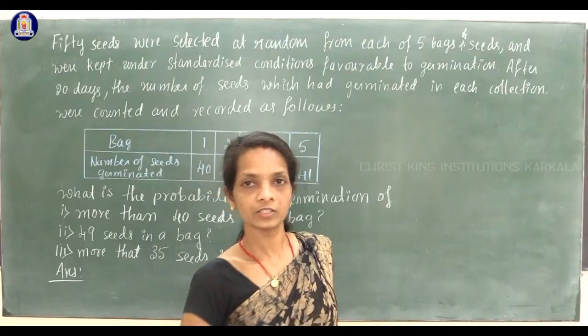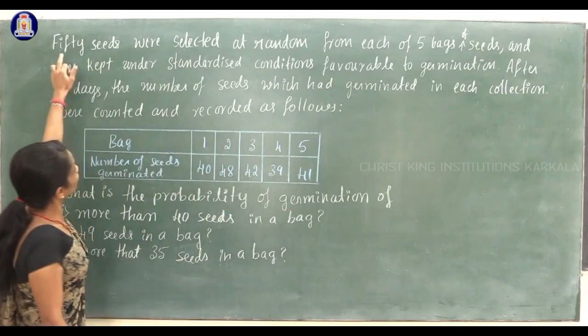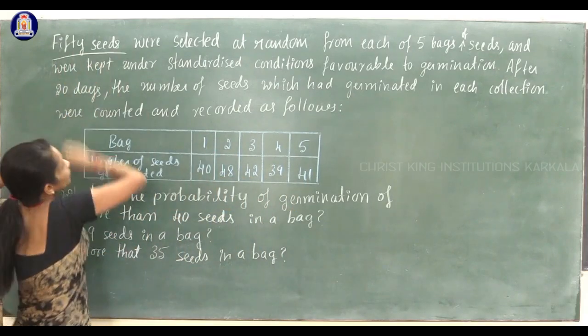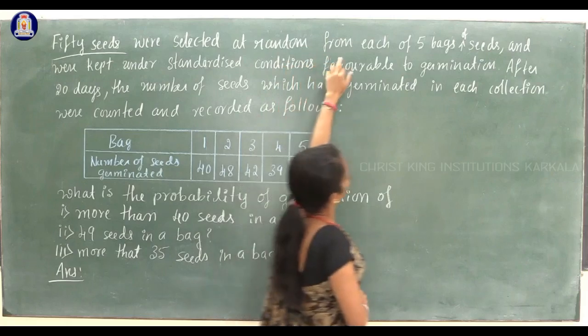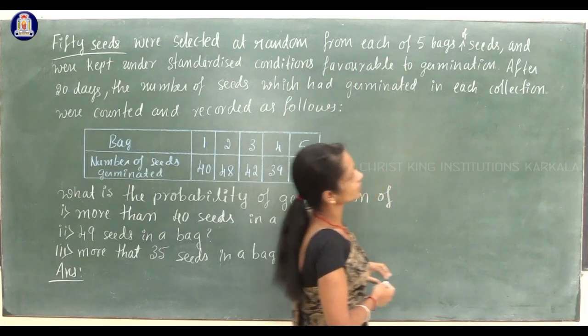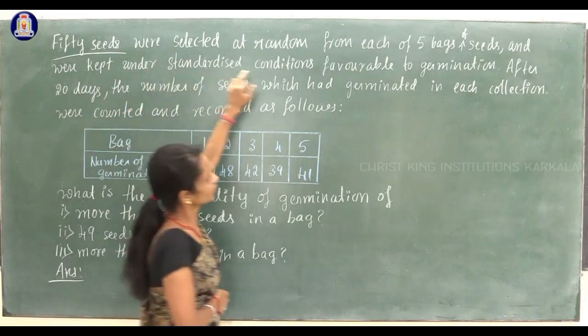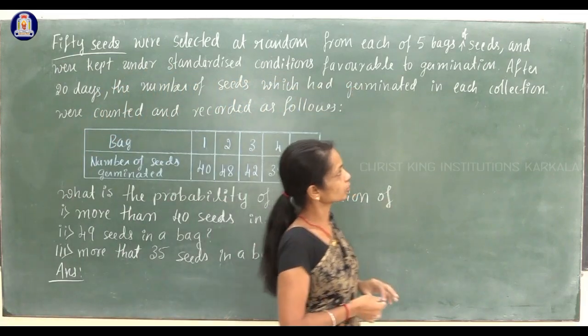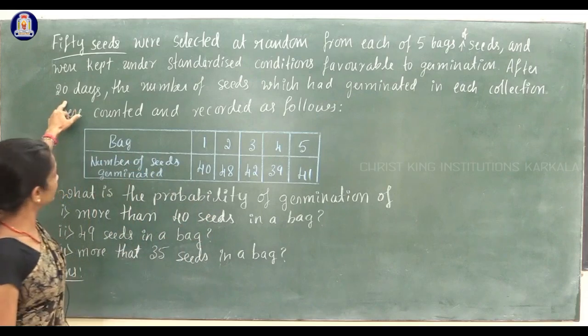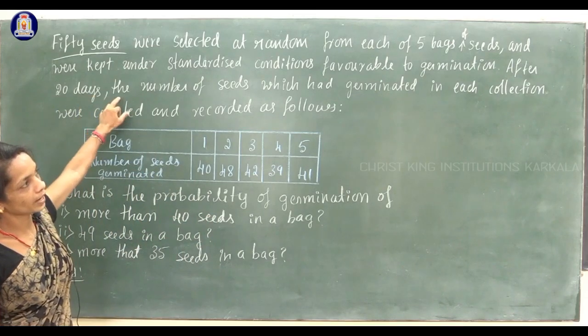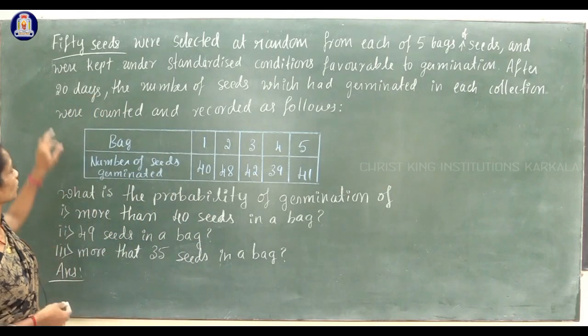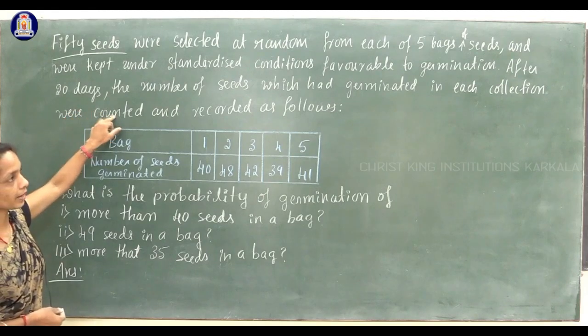Thank you. Next question: 50 seeds were selected at random from each of 5 bags of seeds and were kept under standardized conditions favorable to germination. After 20 days, the number of seeds which had germinated in each collection were counted and recorded as follows.